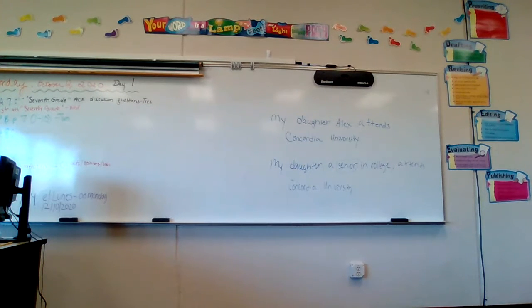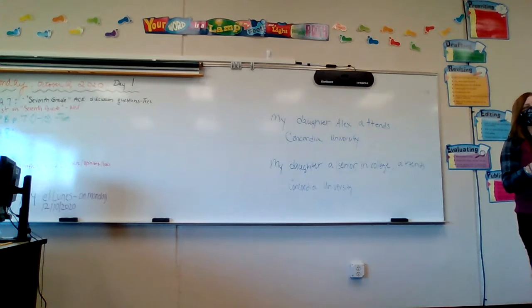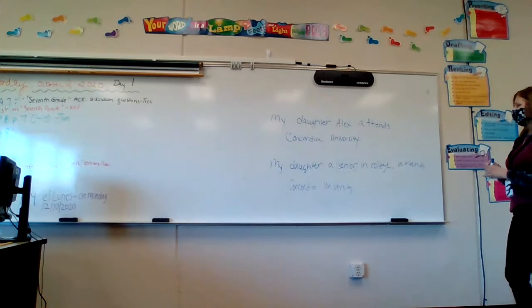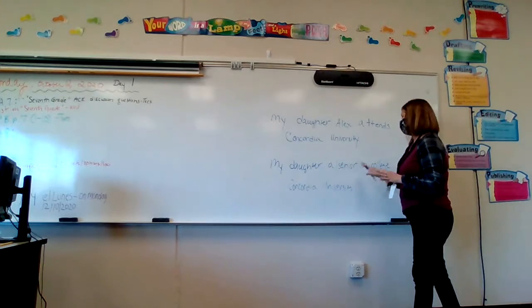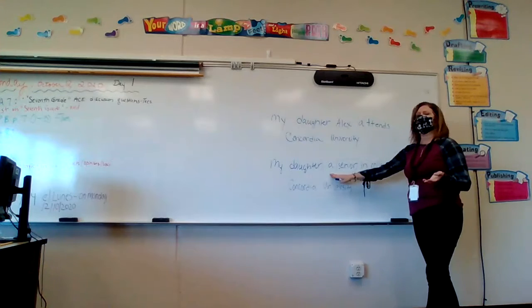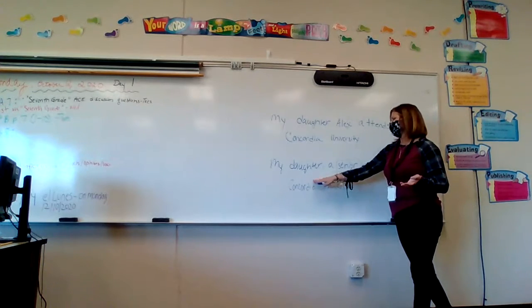Then it says the appositive is set off by commas because it is non-restrictive. That means you don't have to have it in the sentence to know who you're talking about. Like here, my daughter attends Concordia University. You really don't need this to know who I'm talking about.